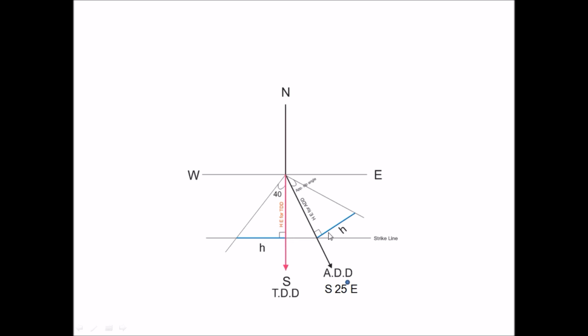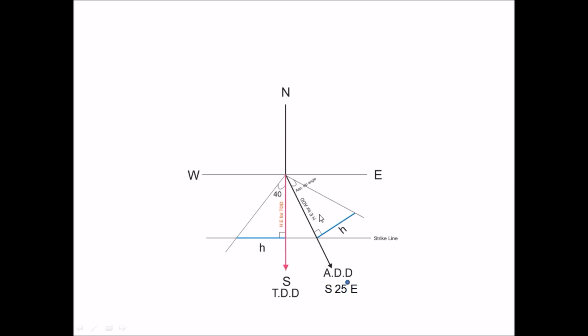Then what we have done, we have made h perpendicular to the direction line or the HE, and then we have reconstructed this right angled triangle, and since the HE is more than that was for the true dip direction, naturally this amount of apparent dip would be less, and you can measure it, it would be say around 35-36 degrees and would always be less than the true dip.